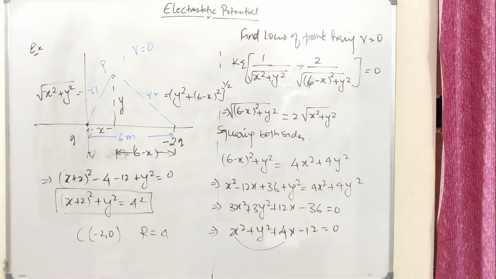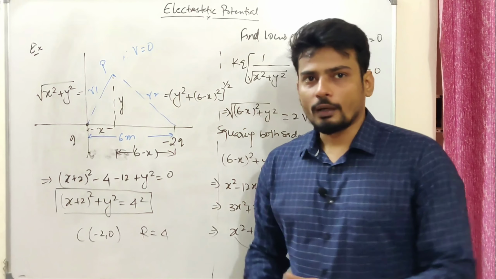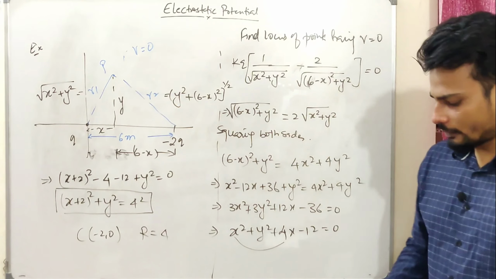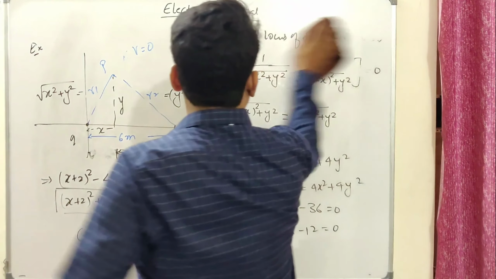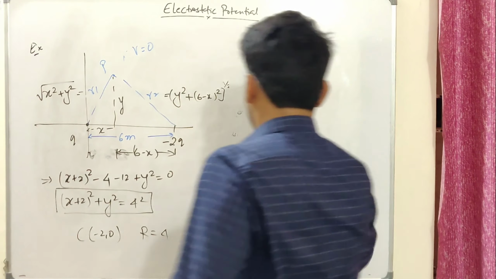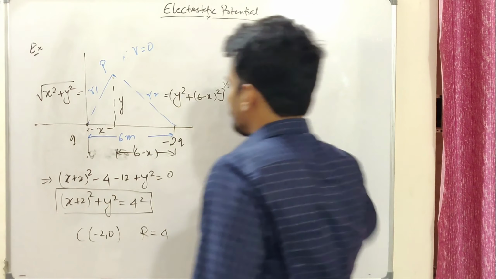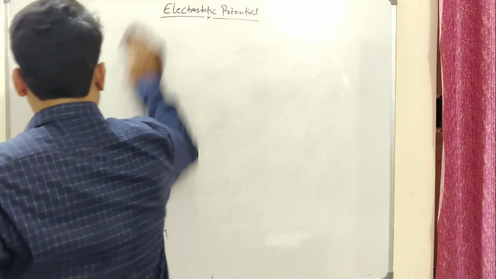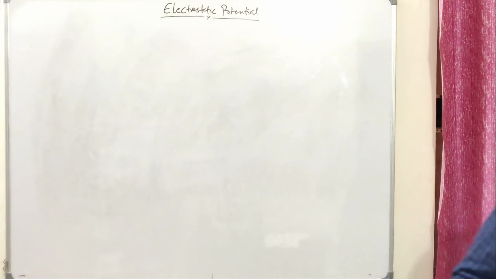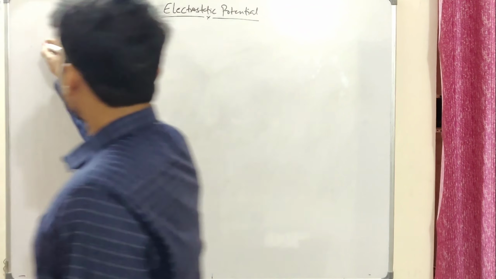Simple as that. Now we know that electrostatic force is a conservative force, so the energy will be conserved. Now I have done some questions in the previous videos to find the minimum distance of approach of a charge. In continuation of that, let's say example 2.